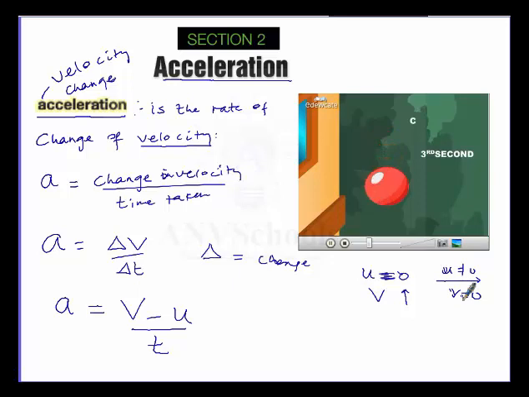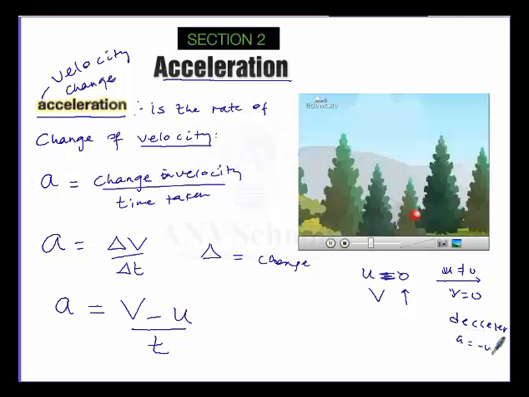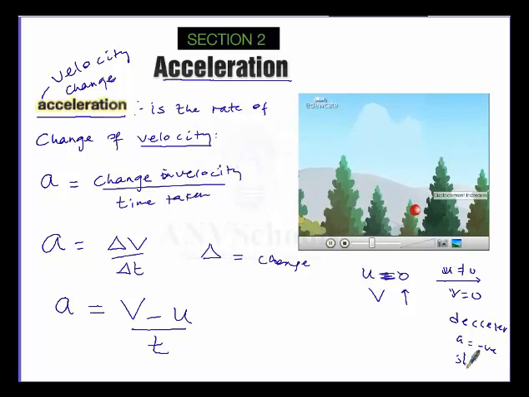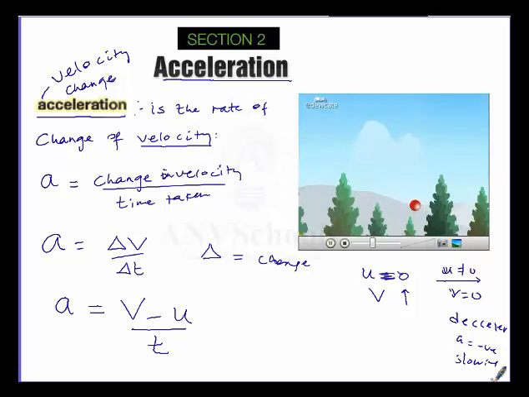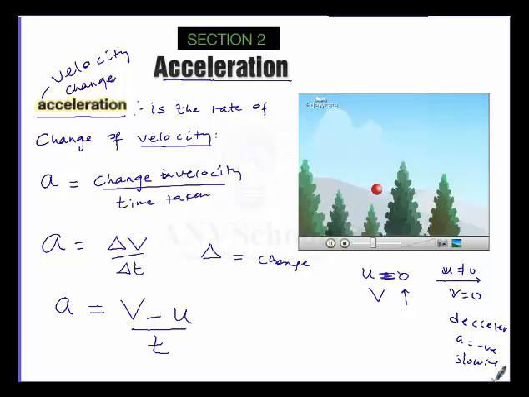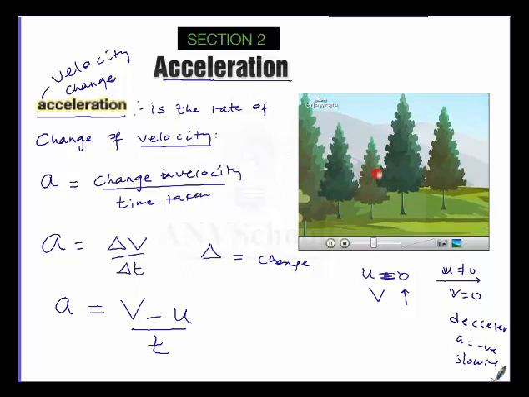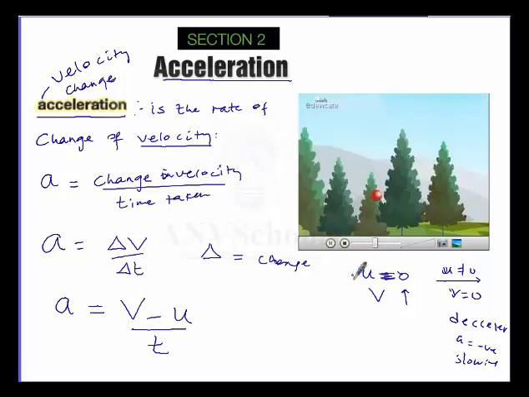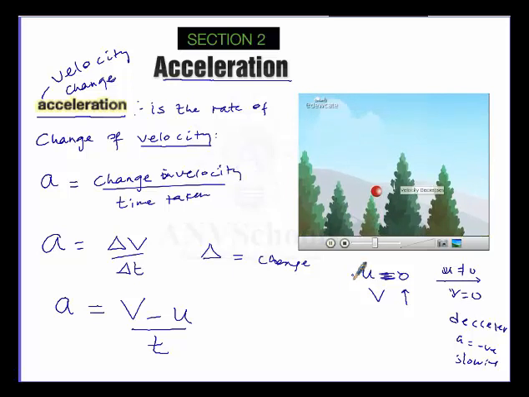In this case, the train is decelerating, or it is said to have a negative acceleration, or to be slowing down. But when the train starts from rest, it is said to be accelerating, because it was initially at 0, or had a 0 initial speed, and now the speed is increasing.